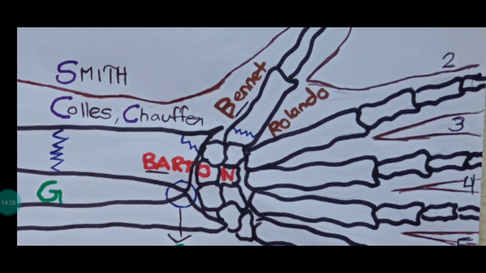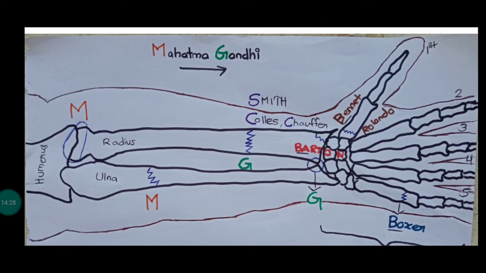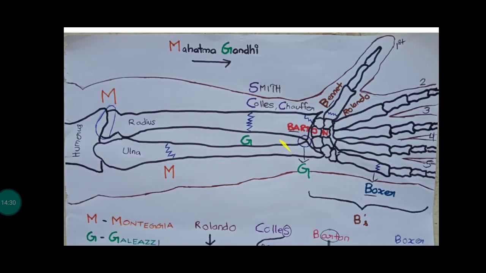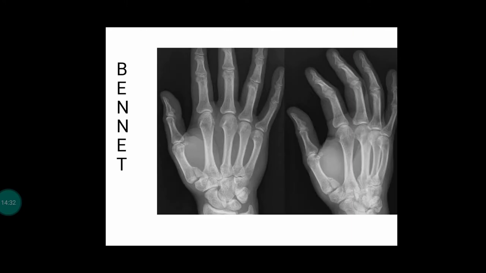And the last named fracture we'll be learning is the Boxer's fracture. Before that, I'll show you the X-ray of the Bennett fracture. Just Bennett fracture, a fracture at the base of the first metacarpal, right? Along with the displacement of the carpometacarpal joint.